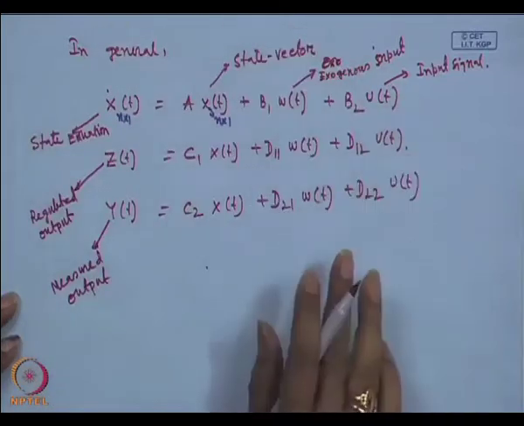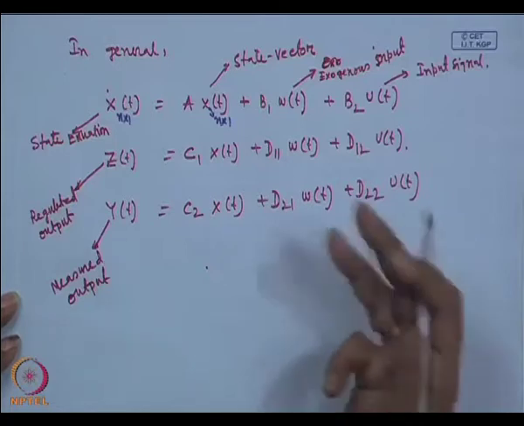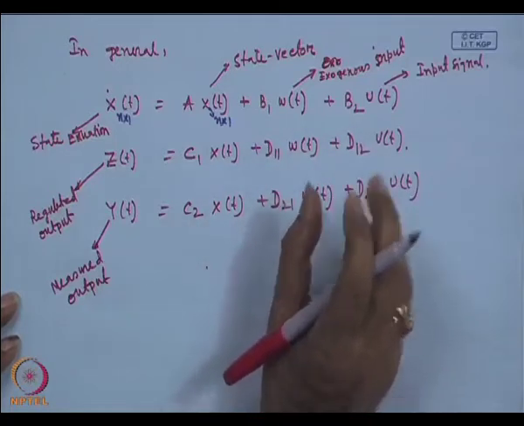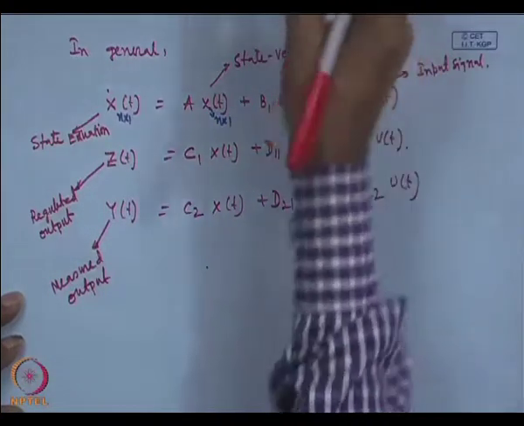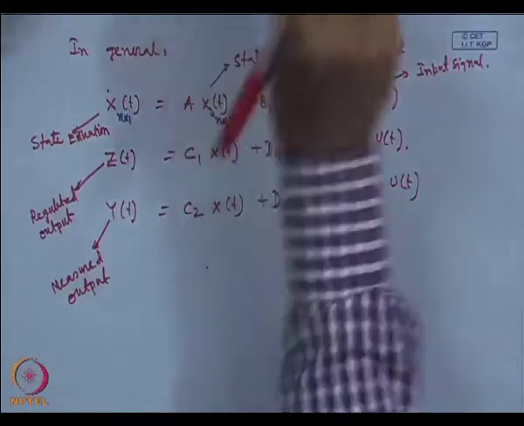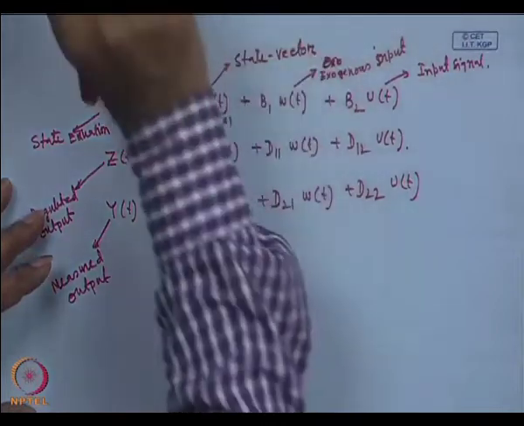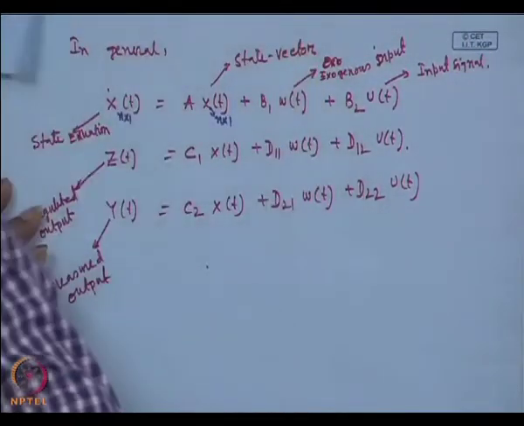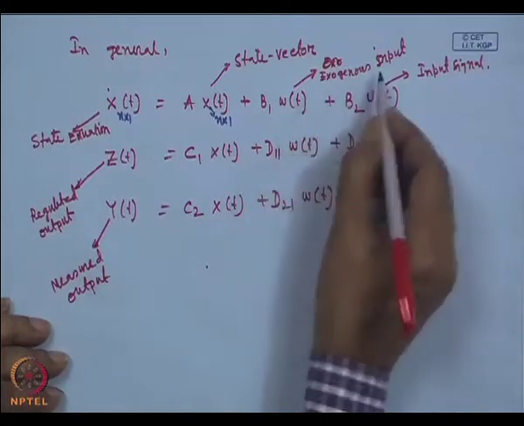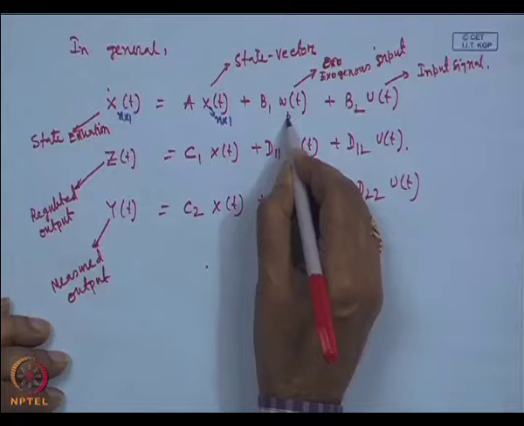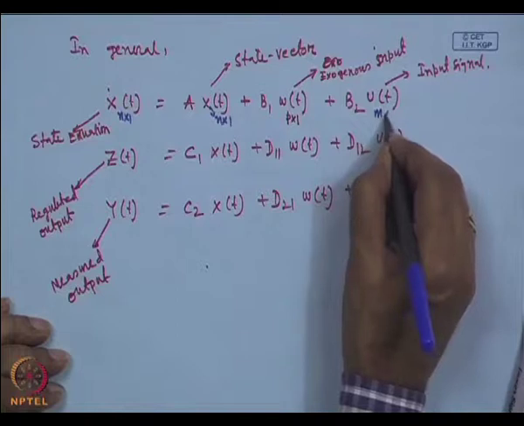This is, as I mentioned, the general structure of the control problem. If there is a perturbation, plant perturbation, all of this, I can write into this structure. Let us call the exogenous input dimension p cross 1 and the input dimension m cross 1.